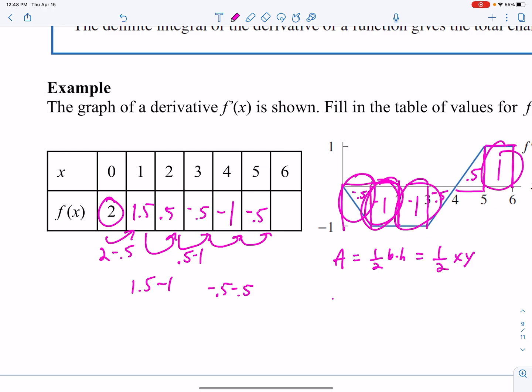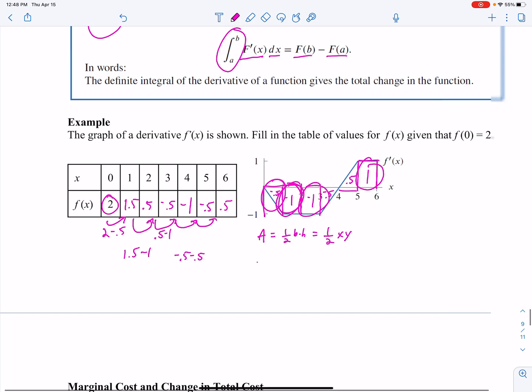And the last rectangle says add 1. So -0.5 plus 1 is positive 0.5. Okay, and there we go. That's how we figure these type of problems out.